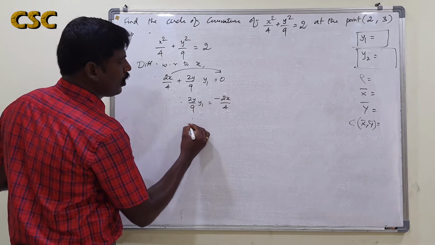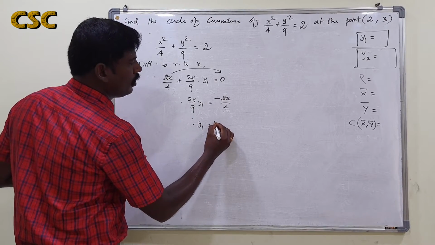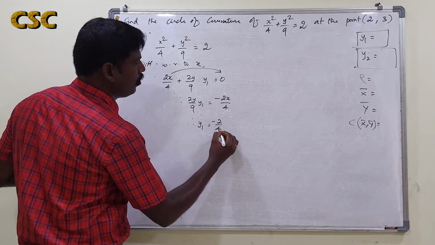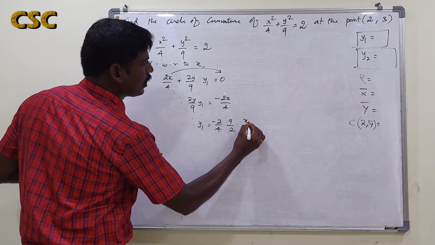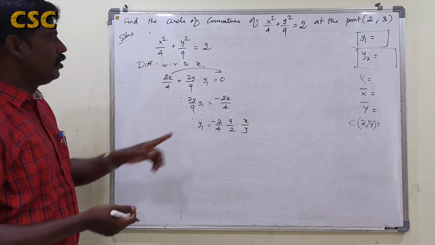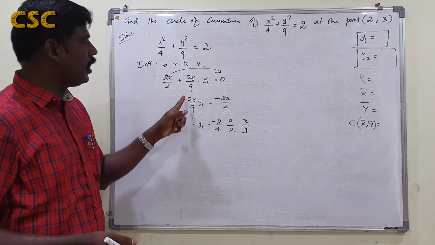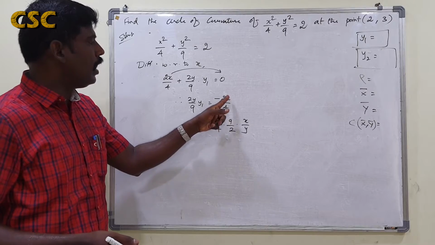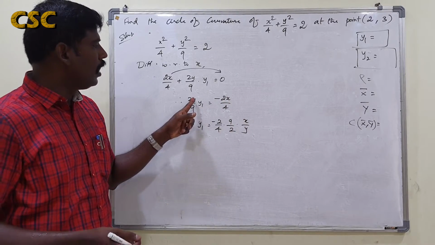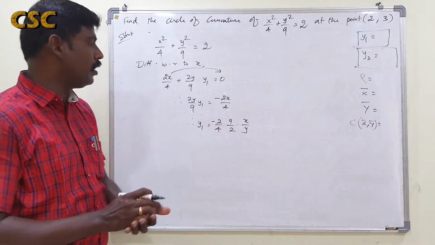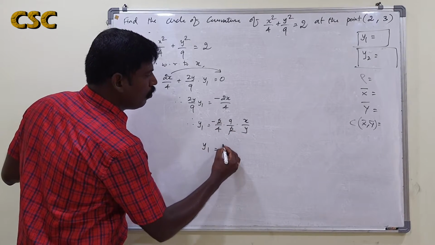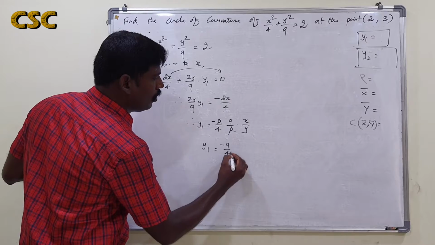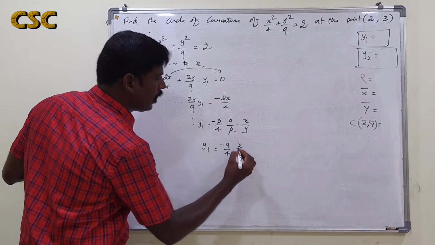So y1 is equal to minus 2 by 4 into 9 by 2 into x by y. The 9 goes to the numerator, the 2 goes to the denominator, and y goes to the denominator. Cancelling the 2s, y1 equals minus 9 by 4 into x by y.